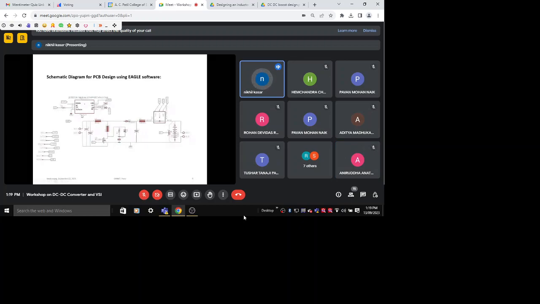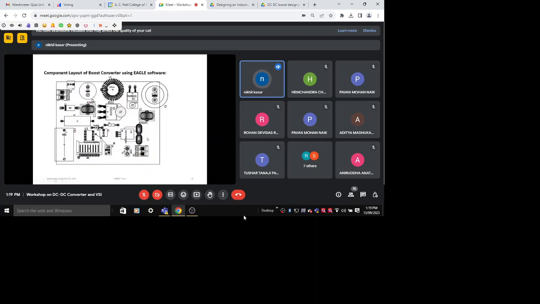You can see these connectors are for maybe input from this. All you can see are gate pulses, the voltage, the driver, capacitor, all these resistances.